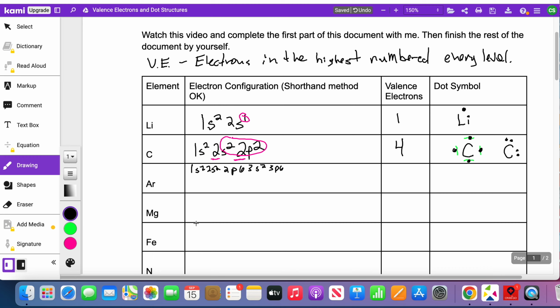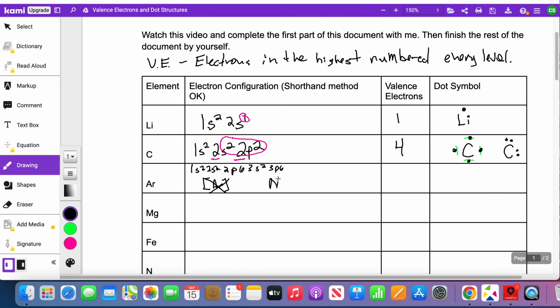Now, you could do it the shorthand way. The shorthand way is to put the noble gases in brackets and then go from there. However, it would be incorrect to put just argon in brackets. You can't do it that way, even though it's a noble gas. What you got to do is back up from argon to the nearest noble gas, and argon's nearest noble gas, if you look at a periodic table, is neon.